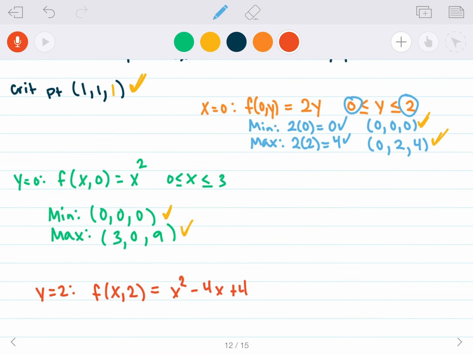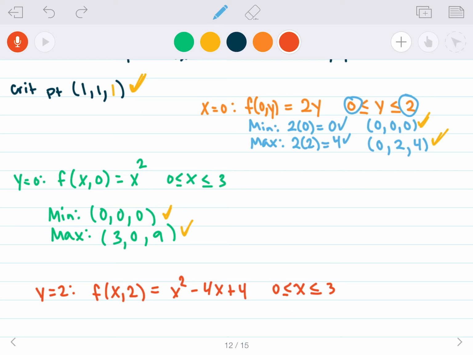There's a few different ways that you can look at this, but anyway, this is a parabola. And we're varying x between 0 and 3. The question is, where does this thing hit its max and min on 0 to 3?